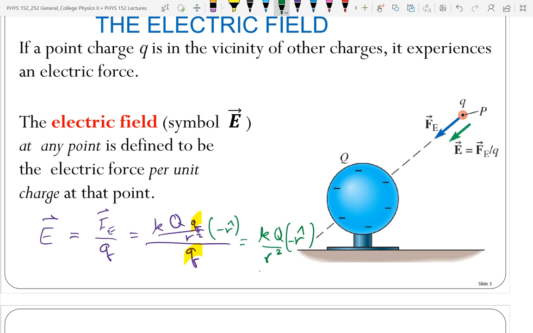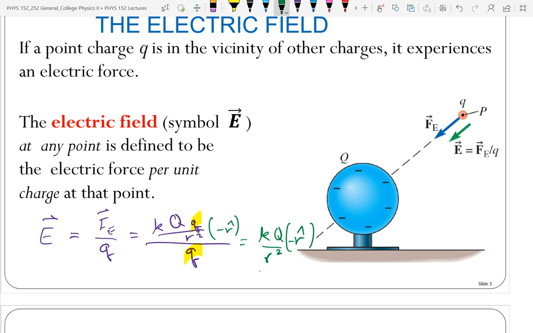Gravitational charge only comes in one type, positive charge. Electric charge comes in two types, positive and negative. If I have a positive charge, it's going to be exactly the same as it was with gravity. But with a negative charge, what's different? The direction is reversed because of the negative charge.